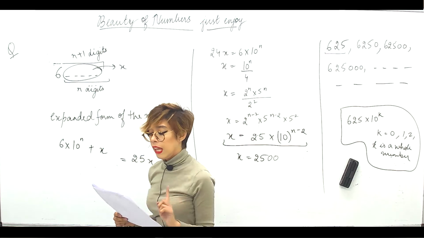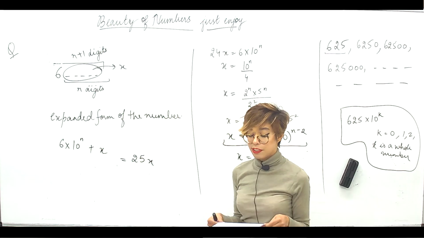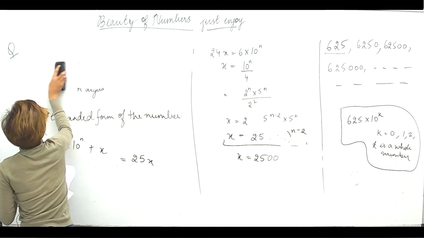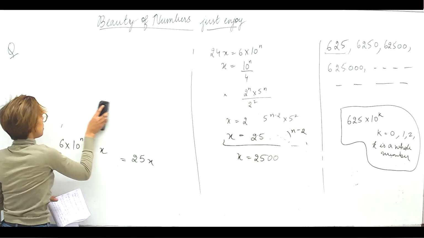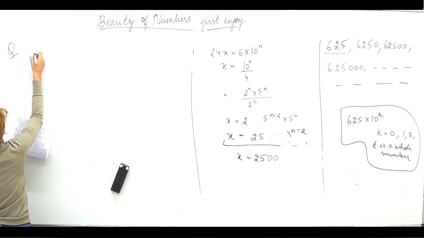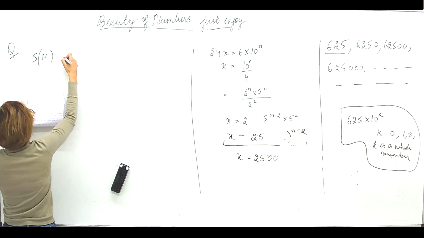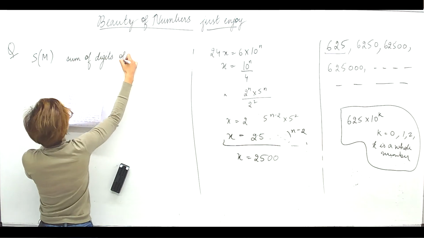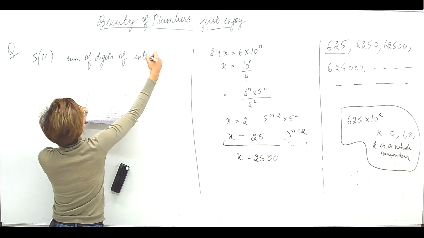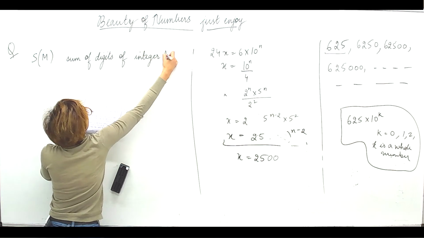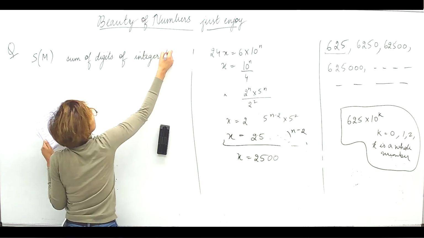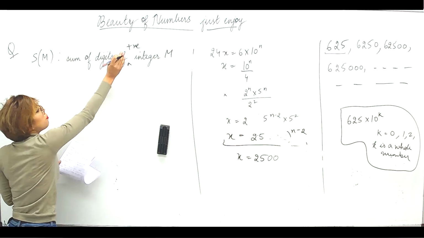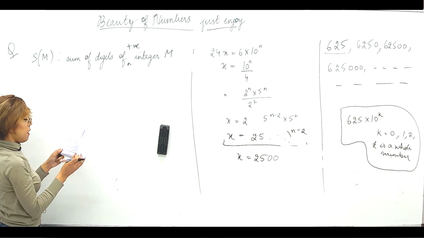Now, the next one has again come in PRMO. So, a very interesting question. So, write down. Let S(m) denote the sum of digits of positive integer m.